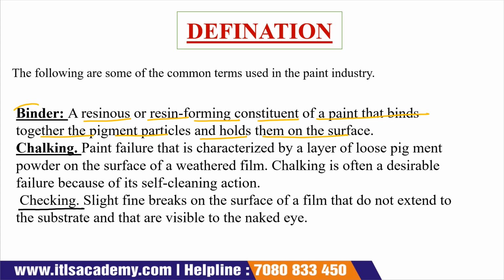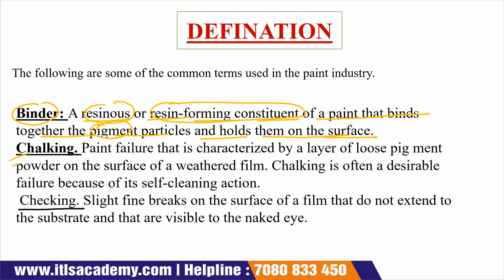So simply, a binder is a resinous or resin-forming constituent of the paint which binds the pigment together, or you can also say which holds the pigment together on the surface. This is called a binder.